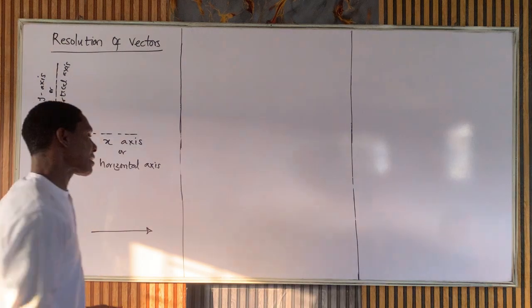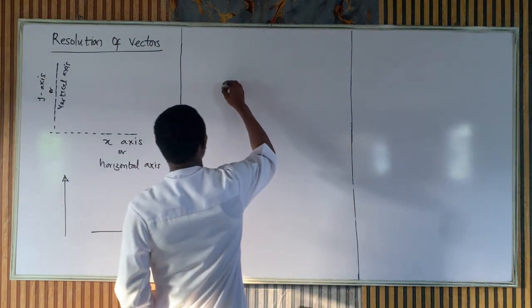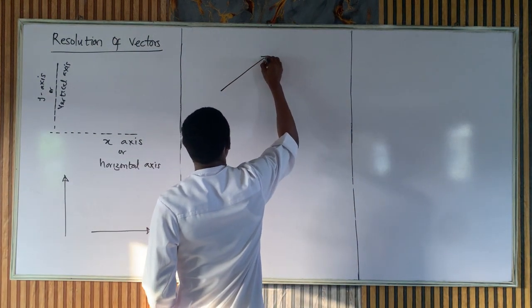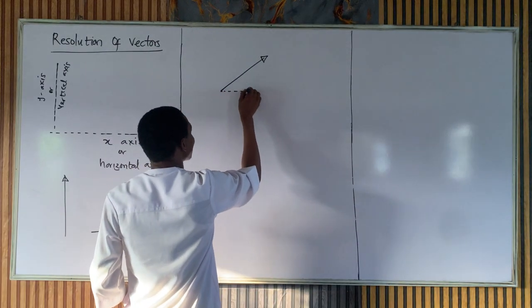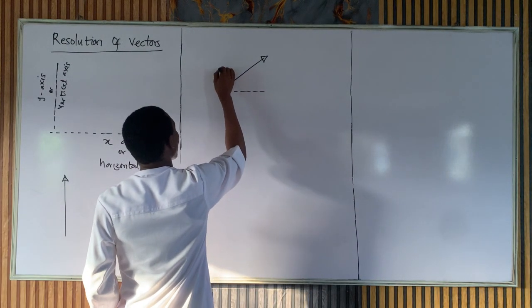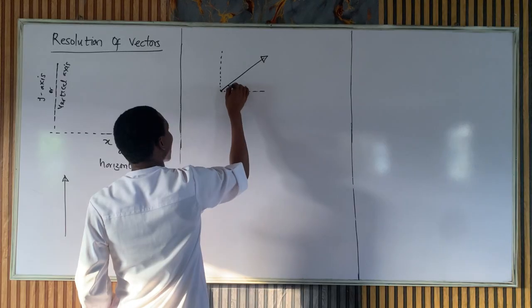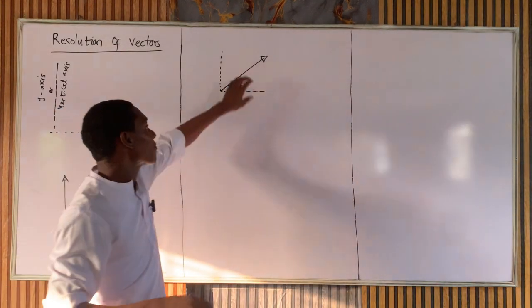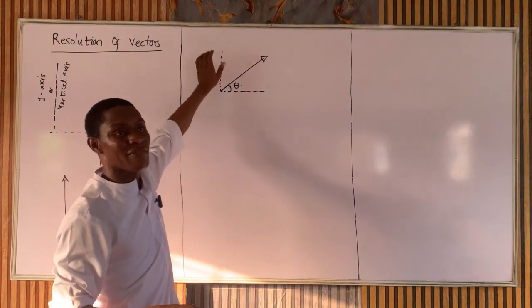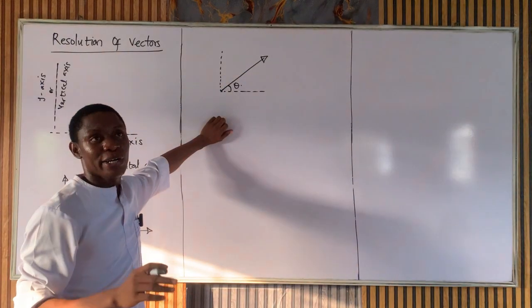But in some cases, we often have vectors that are inclined like this. Inclined in the sense that it makes an angle either to the vertical or to the horizontal. Now, let's say this makes an angle of theta to the horizontal. Now, this vector, you can't say it's in the vertical, neither will you say it's in the horizontal.